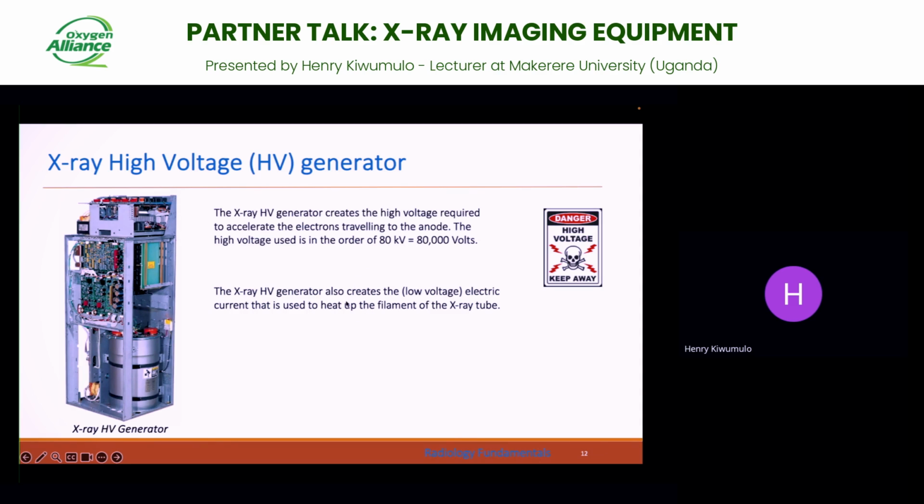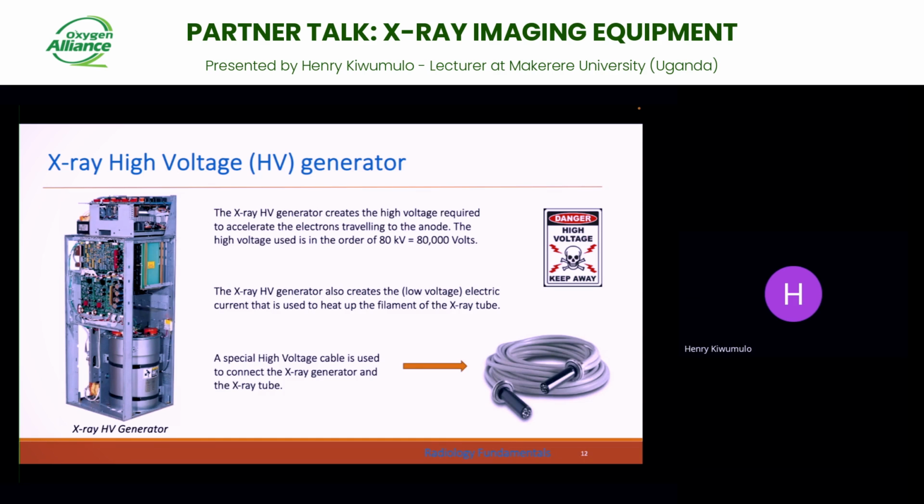In addition to this high voltage, the generator also creates low voltage. The main essence of this low voltage is to provide the current that is used to heat up the filament that we saw previously. As the filament is heated, electrons are generated and they get ready to move to the rotating anode.